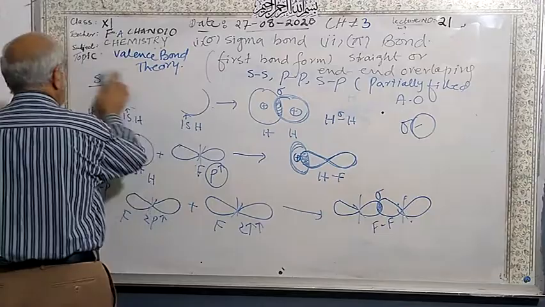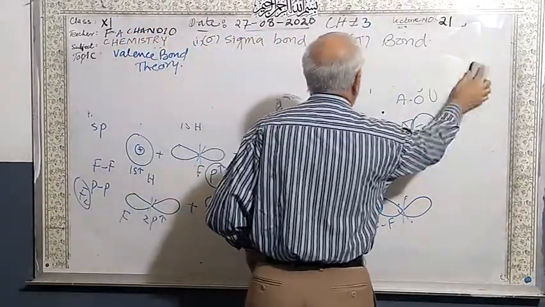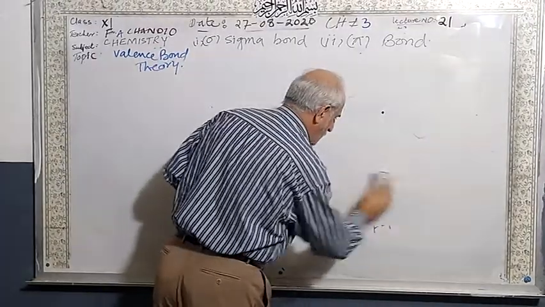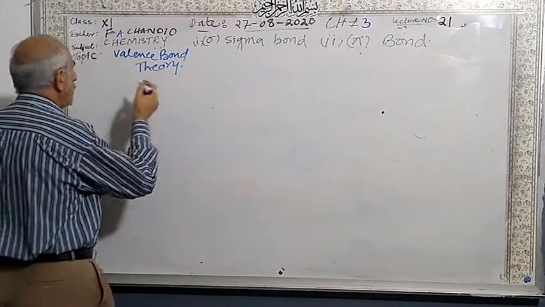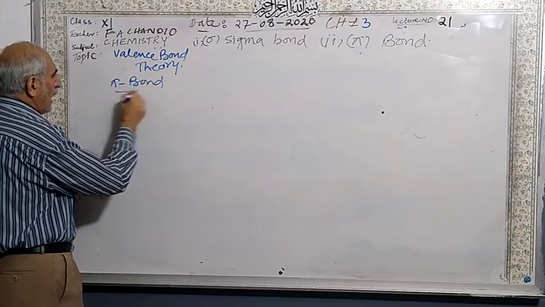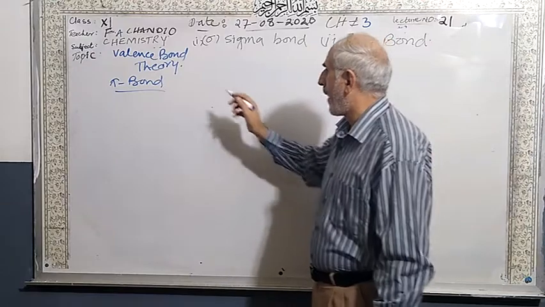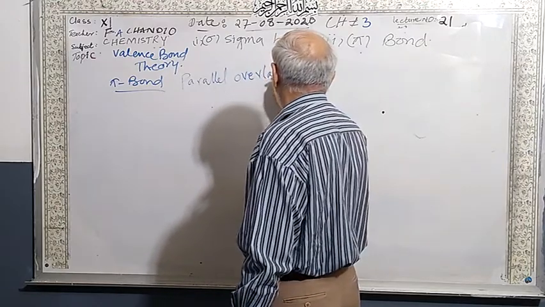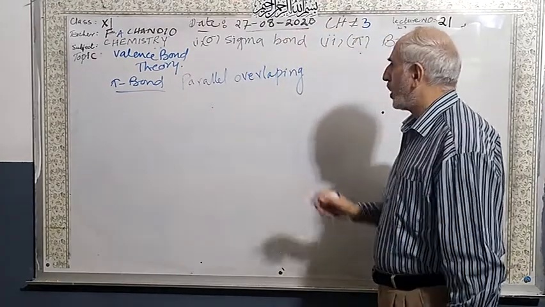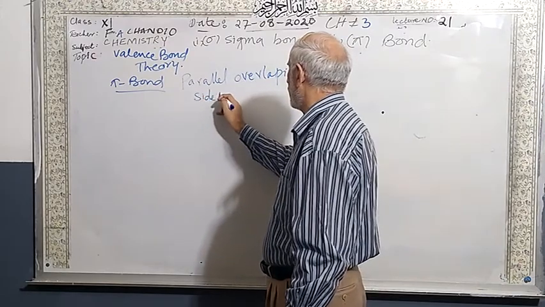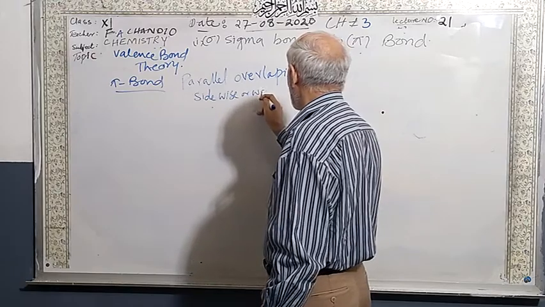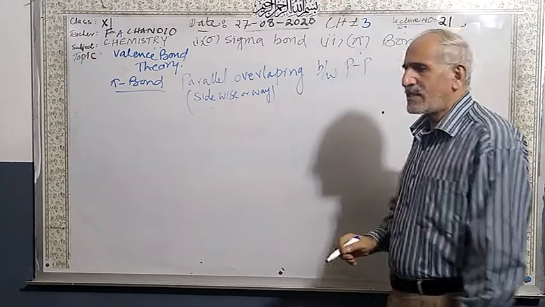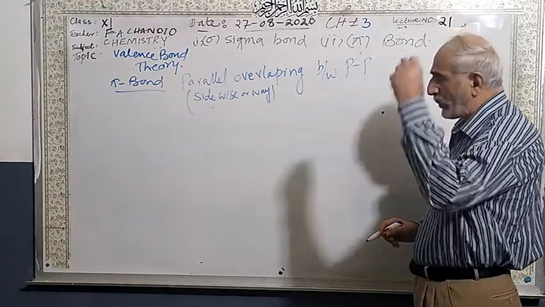Now the pi bond. A pi bond is formed by parallel overlapping, sidewise or sideways, parallel overlapping between p and p orbitals, s is not involved, p and p orbitals in the presence of a sigma bond.